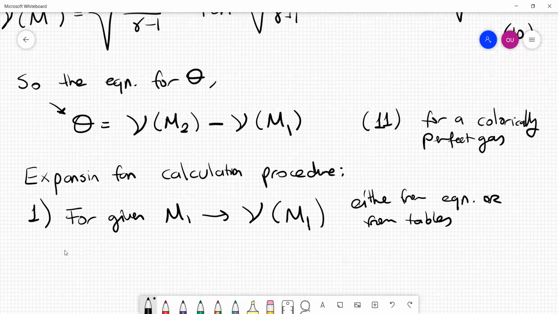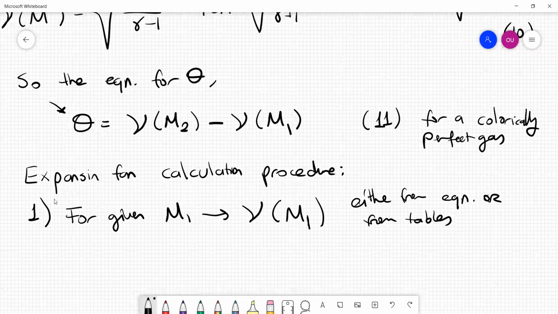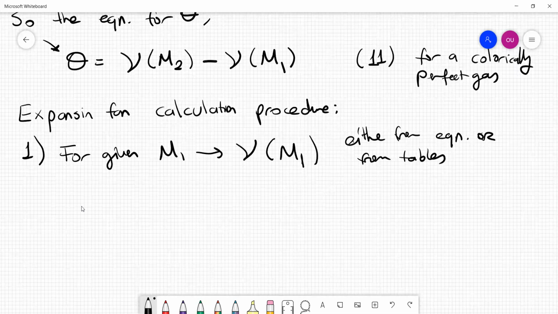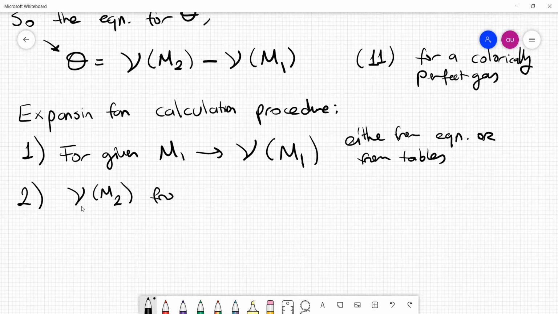So we got that, and then we need to calculate new M2. We calculate new M2 from equation 11 here, using the known or given theta value.